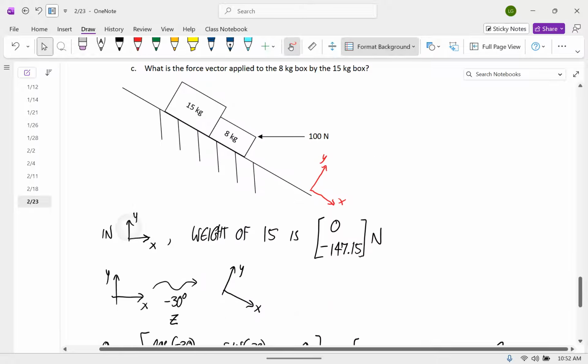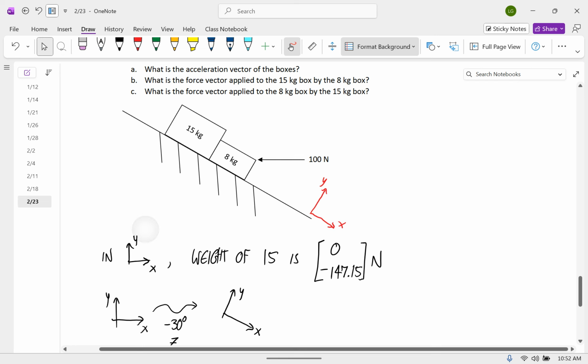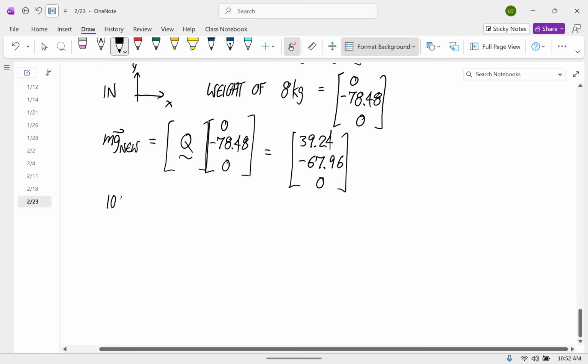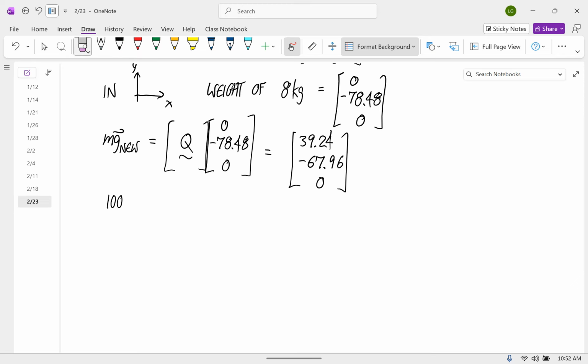Oh, and might as well do that 100 Newton force too. In the standard coordinate system it is negative 100, 0, 0.